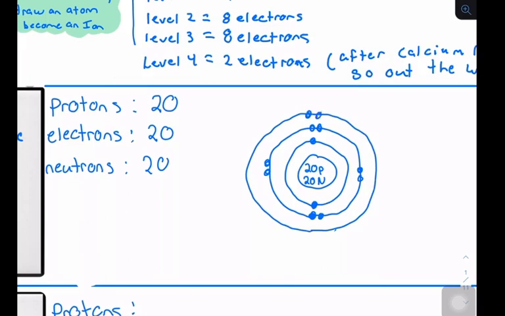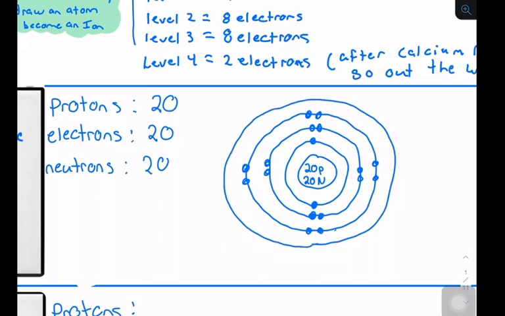So I know I'm going to fill this one as well. And I have one more to draw. And in my last shell, I have 1, 2 to draw. So I've drawn my 20 electrons, I've communicated 20 protons and 20 neutrons in the nucleus.